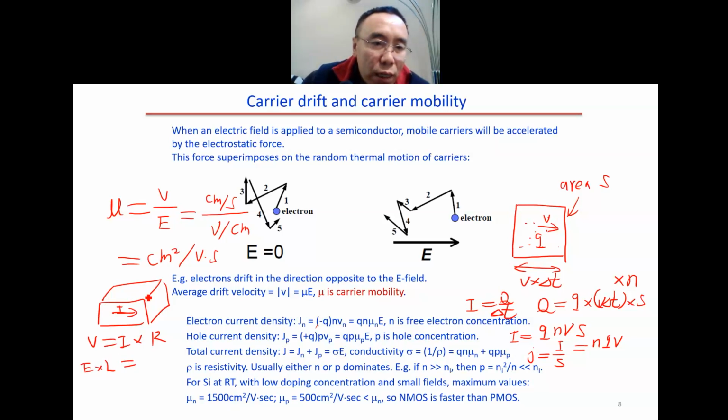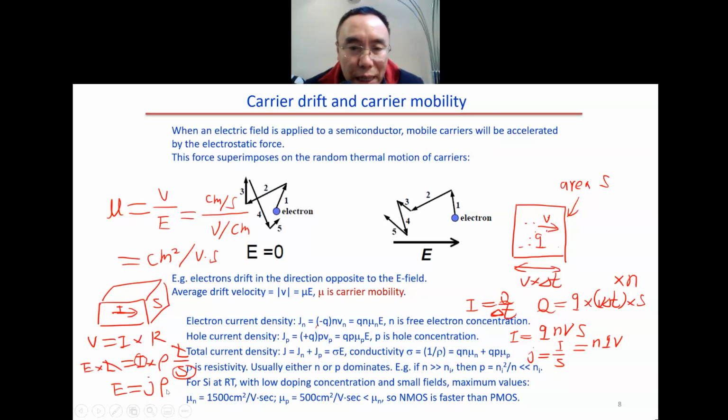The side area is S. The resistance for this block is R equal to rho L over S, resistivity times length divided by S. So the L will cancel out, and I over S is the J. So E is equal to J times resistivity. Then J is equal to sigma E, where sigma is equal to 1 over resistivity.